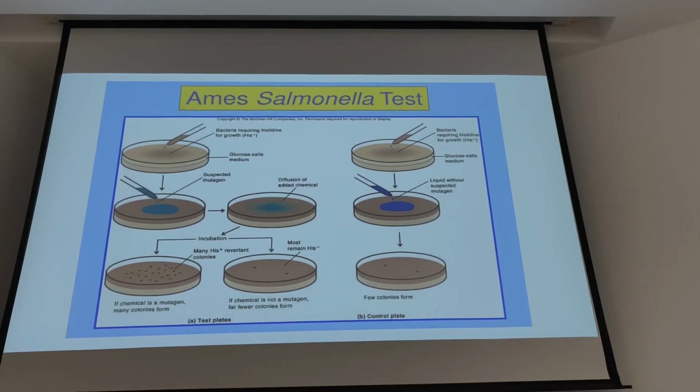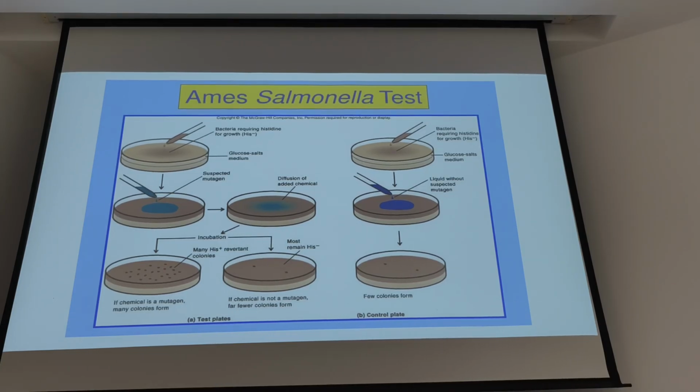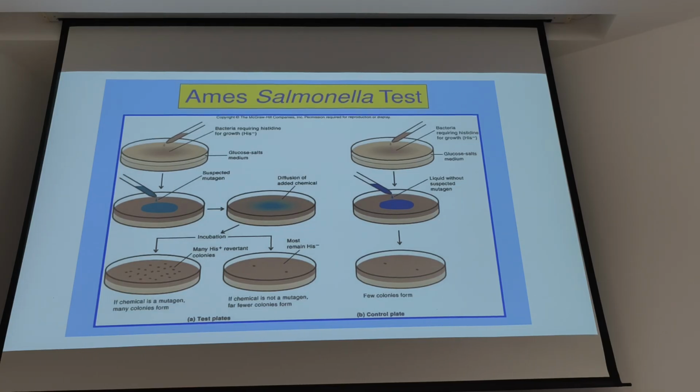It came from humans or it came from mouse. We use the liver extract, which contains what? Different types of cytochrome enzymes, right? And also different types of FMO, different types of enzymes. So all these enzymes, we call them S9 extract.